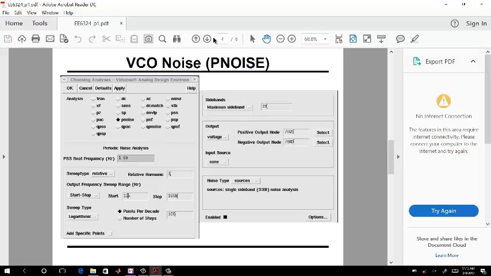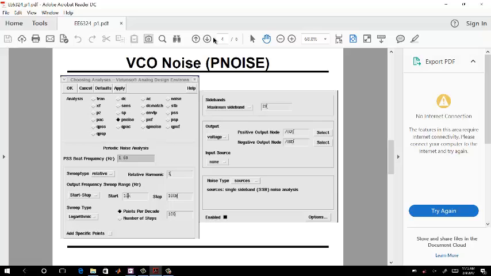So the same beat frequency is specified. Now I want to find the noise relative to the carrier. So here you see the sweep type. This sweep type is relative, not absolute, meaning relative to the carrier. And I am looking only for the first harmonic, not the second harmonic.